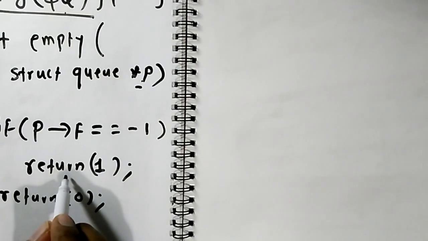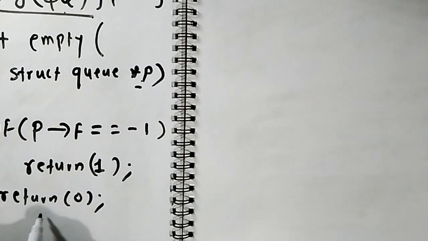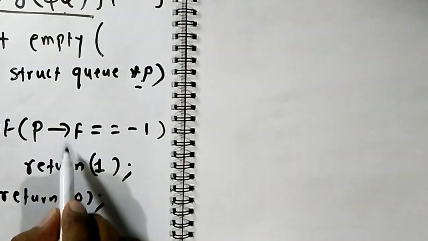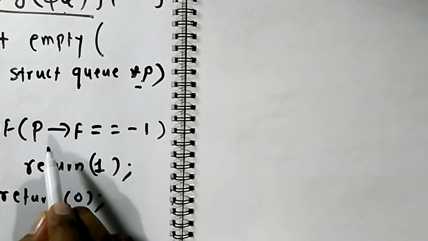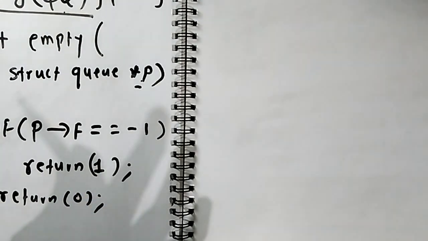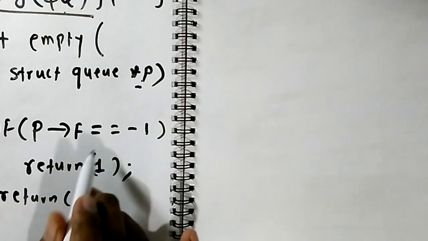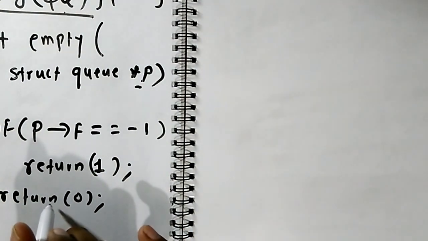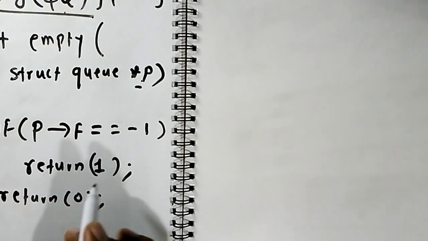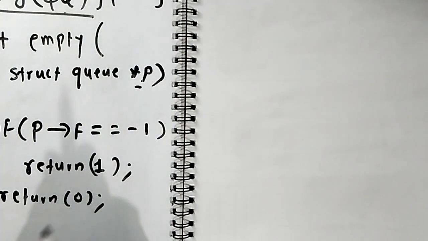Either this return will get executed or this return will get executed, right? If this is true, that means queue is empty, will return 1, telling queue is empty. If f is not -1, will return 0, telling there are some elements in the queue, it is not empty.